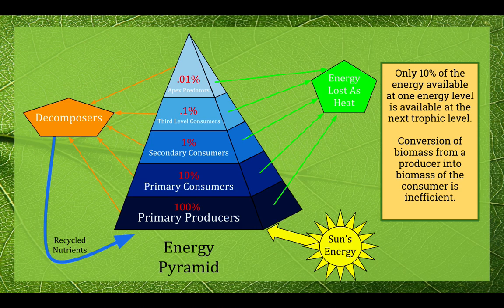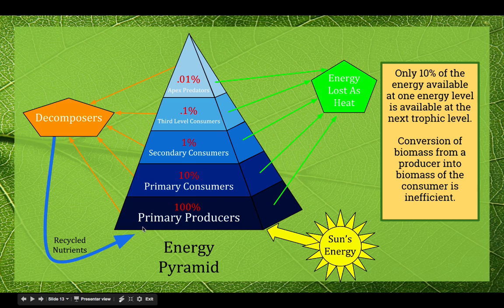And this is what an energy pyramid looks like. So remember I told you that the energy always starts with the sun and feeds the primary producers. And then you'll see each trophic level gets smaller in the amount of energy that it contains because at each level energy is lost as heat.